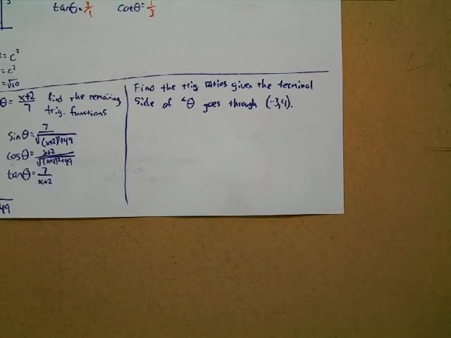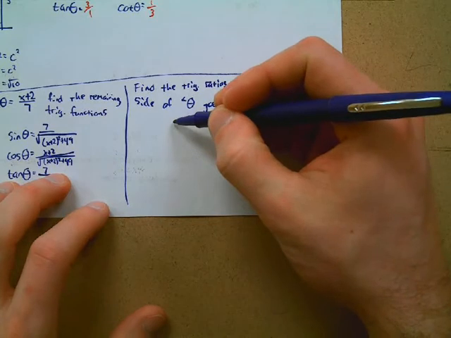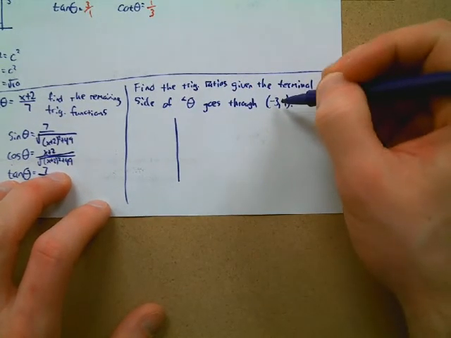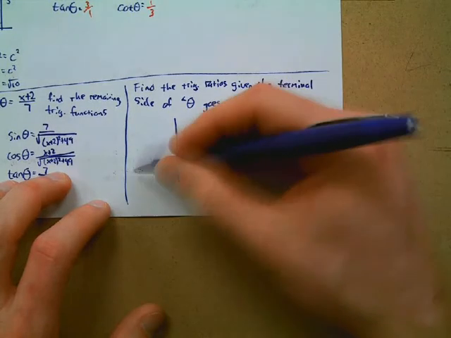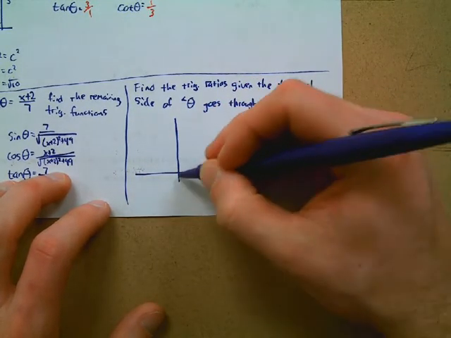Okay. And so, I'm just going to eyeball it. So 1, 2, 3. The point (-3, 4) would be, according to the way I drew it here, roughly right there.